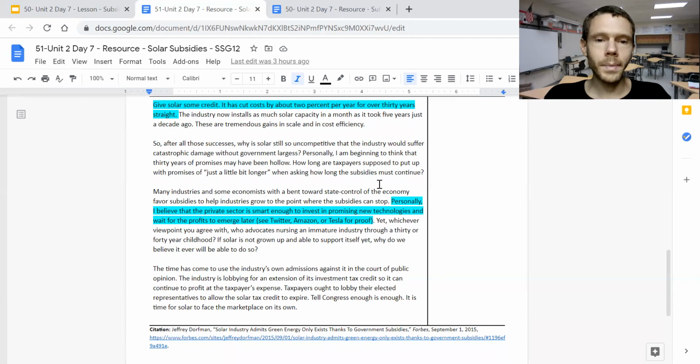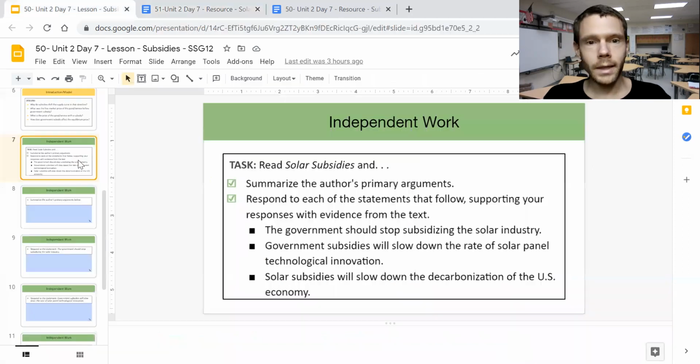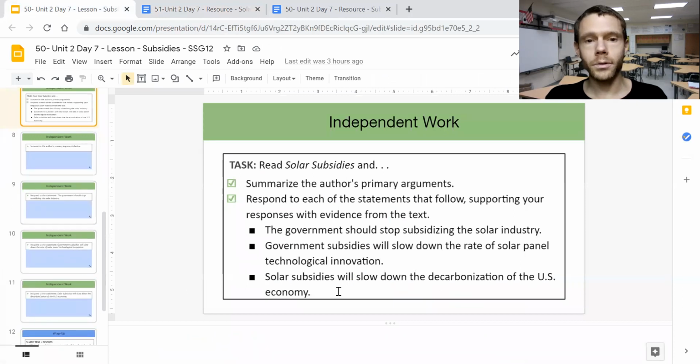So you'll want to think about the evidence for and the evidence against, and that will allow you to come up with good responses to these problems, thinking about whether we should stop subsidizing this industry at this point. Have they grown up? Have they matured enough where the prices for production are low enough that they can do it on their own, or do they still need continued support from the government?